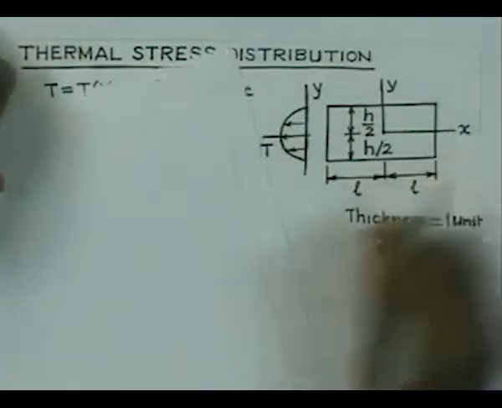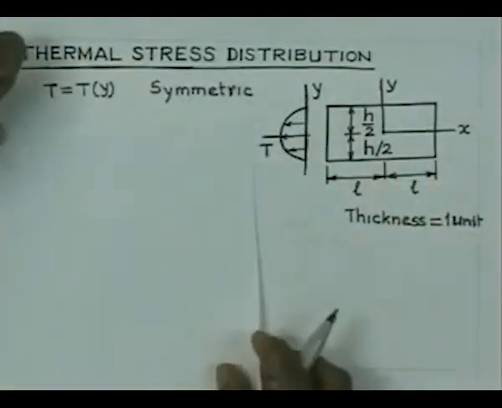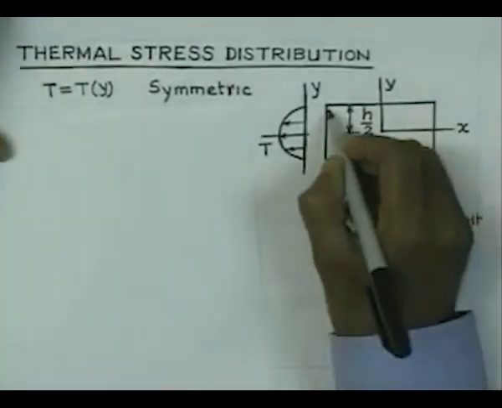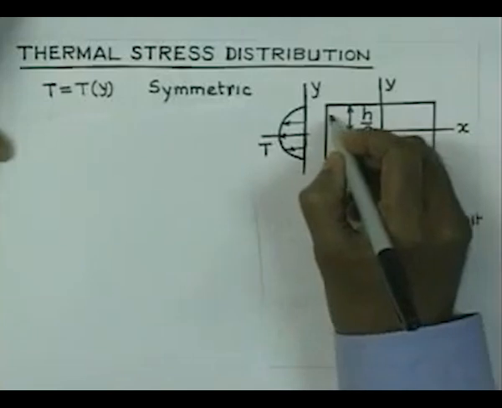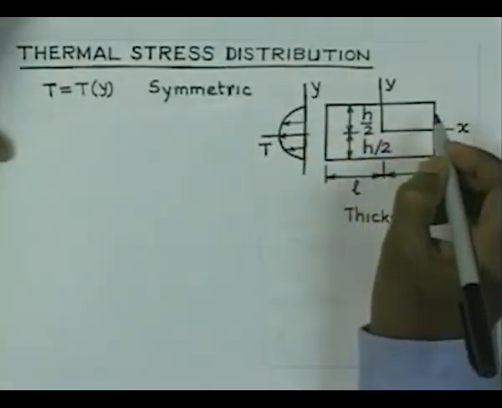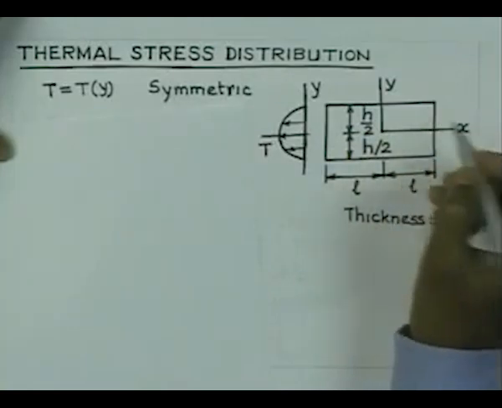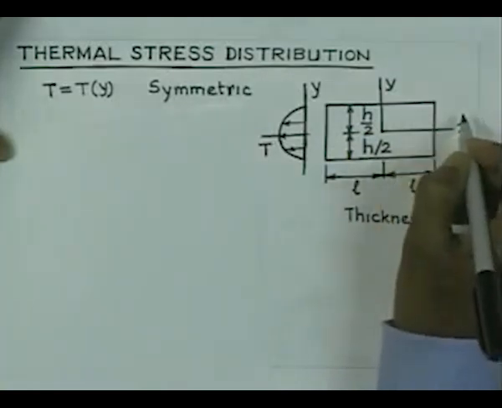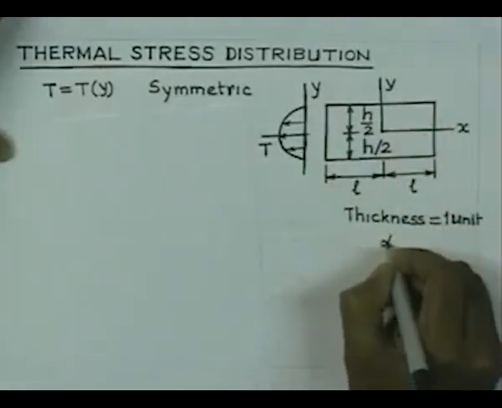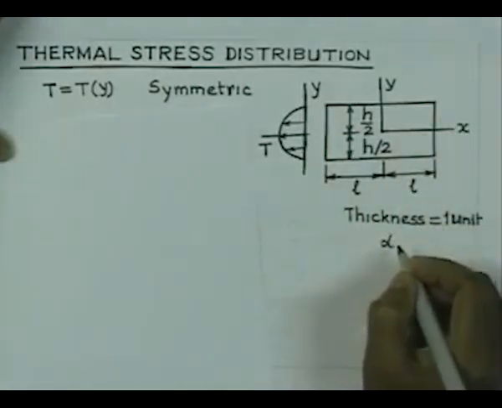Let us assume that we try to prevent the expansion. Each fiber, say a fiber somewhere at this level, is going to have some temperature T, and therefore, it will expand by an extent 2L alpha T, wherein alpha is the thermal coefficient of expansion.